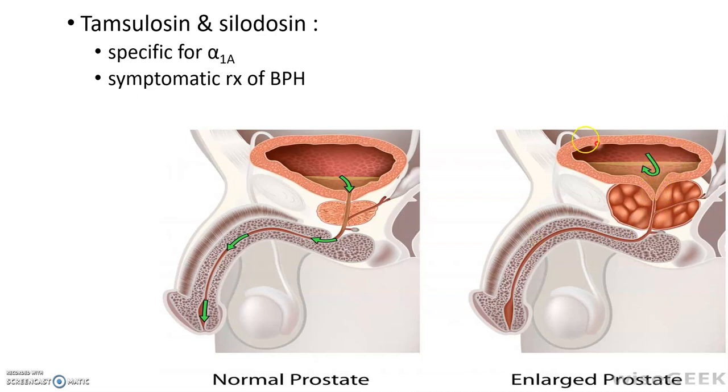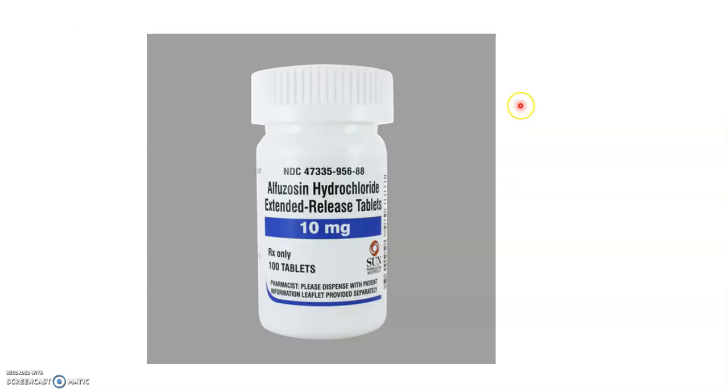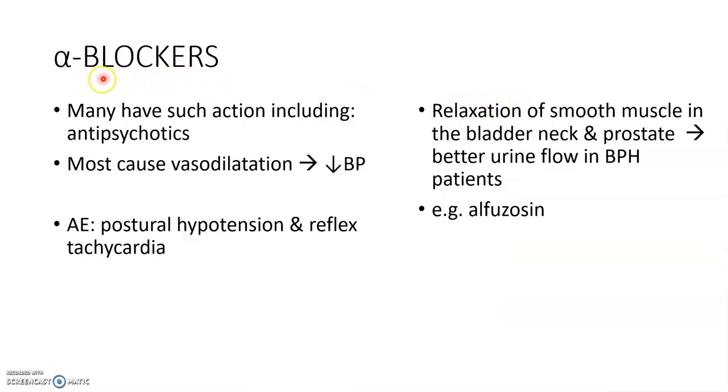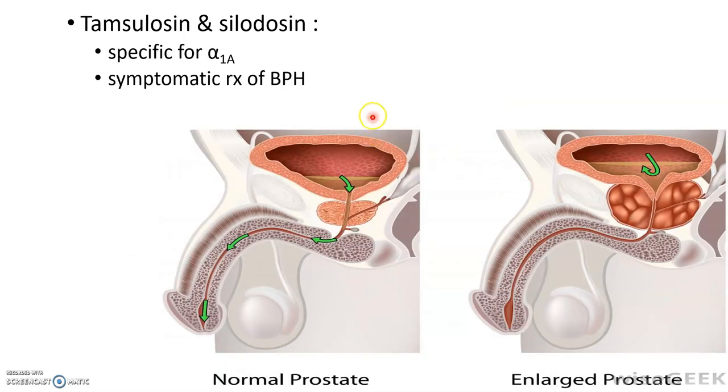So you can give tamsulosin and silodosin. These are alpha adrenergic blockers, and tamsulosin is specific for alpha 1A, and so is silodosin. These drugs are specific for alpha 1A receptors.